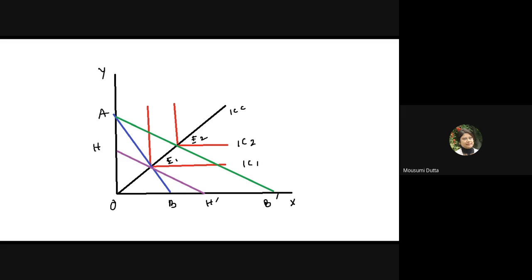The income compensated budget line HH prime is parallel to AB prime and meets the indifference curve IC1 at E1.